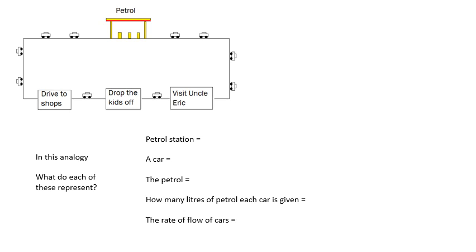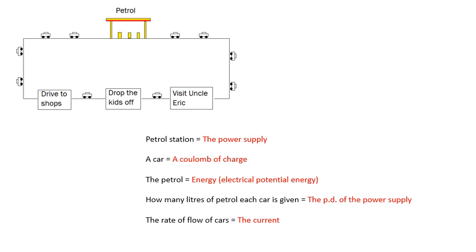If you understand what's going on here, you might understand electricity a little bit better. You have a think. What does the petrol station represent? What does each car represent? What does the petrol represent? How many litres of petrol each car is given, and the rate of flow of cars. So I'm going to show you the answers in 3, 2, 1. And there you go.